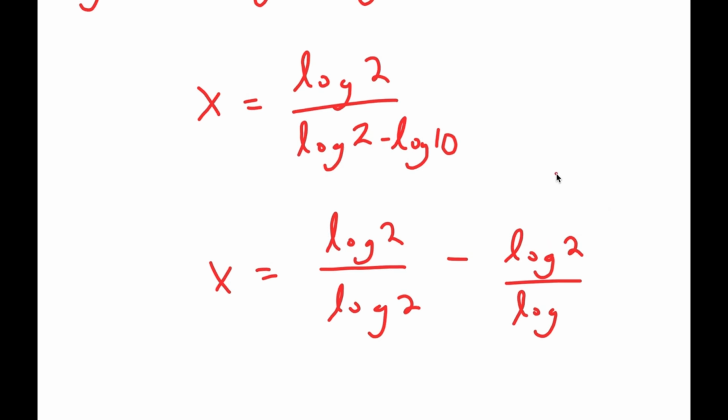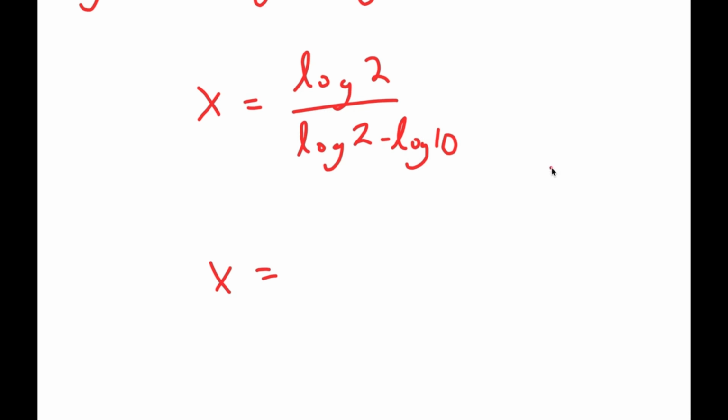Or sorry, that's not how that works. So instead of doing all that, what I'm going to do is, if you guys already know, log 10 is equal to 1. So I get log 2 minus 1.